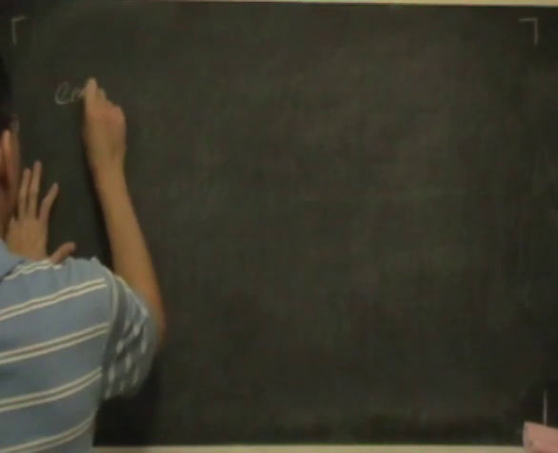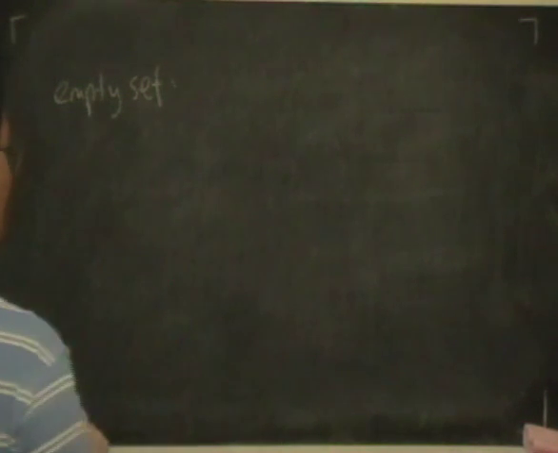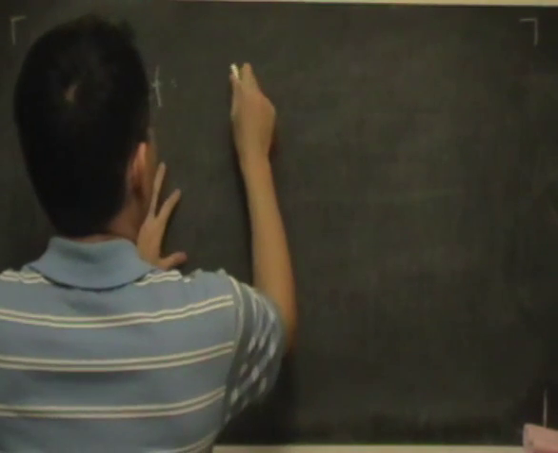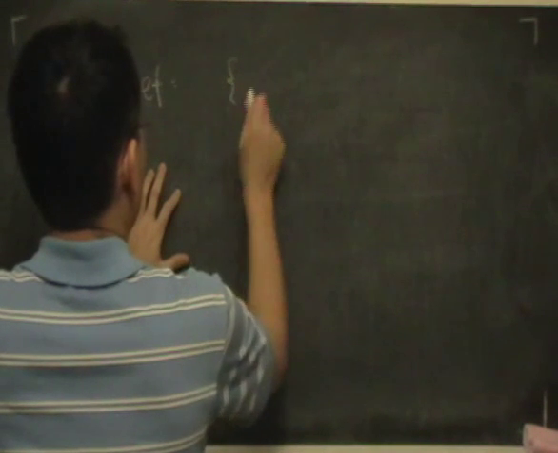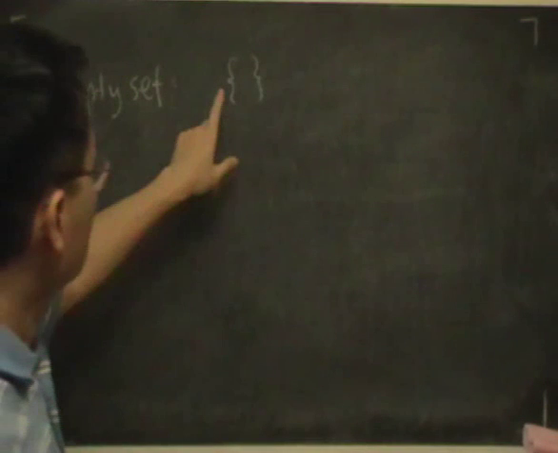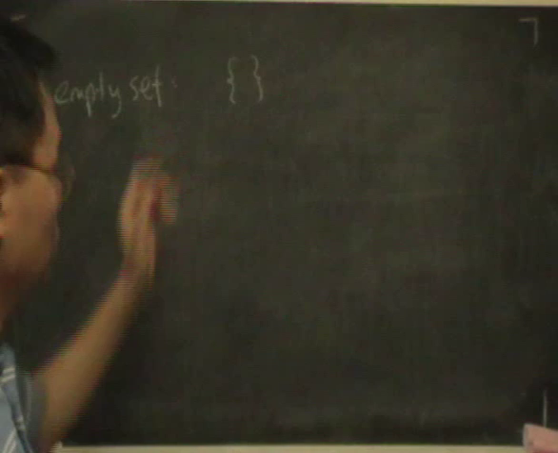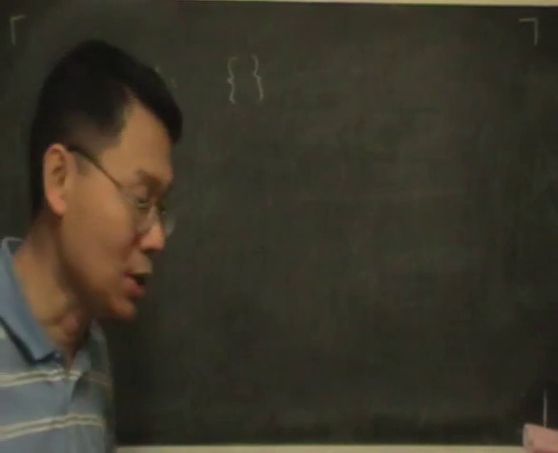So an empty set can be quite simply represented using the 2 curly brackets with nothing inside. So it's quite obvious that it's an empty set.